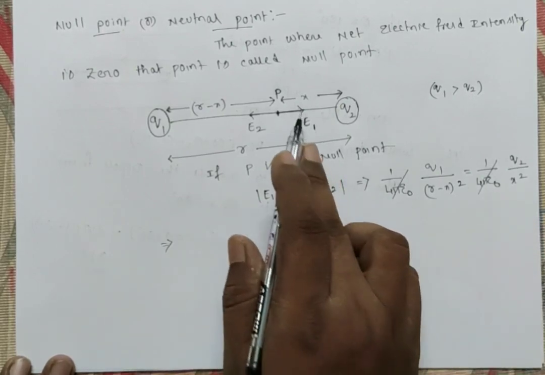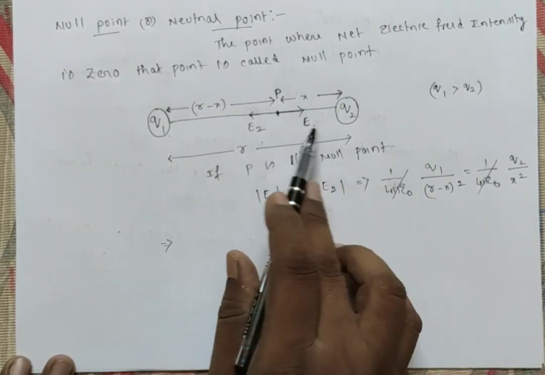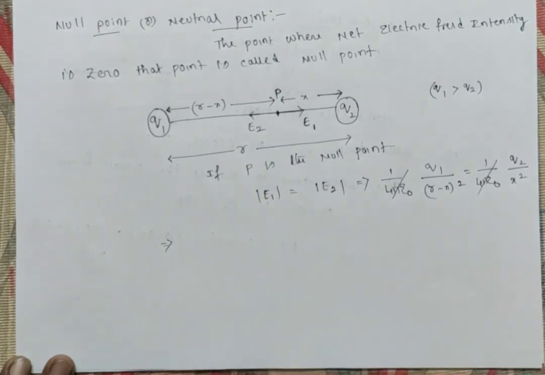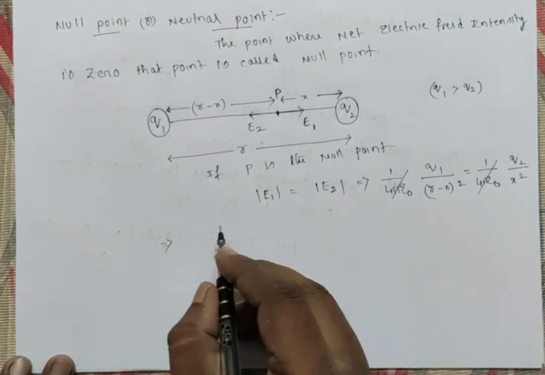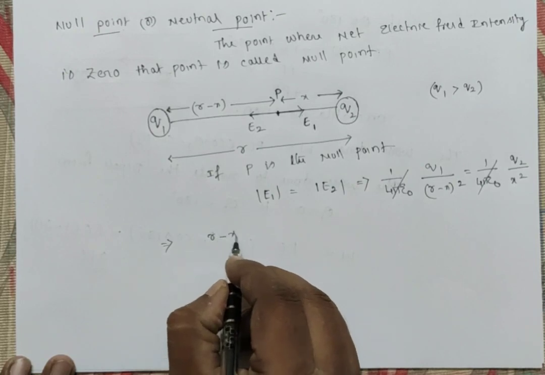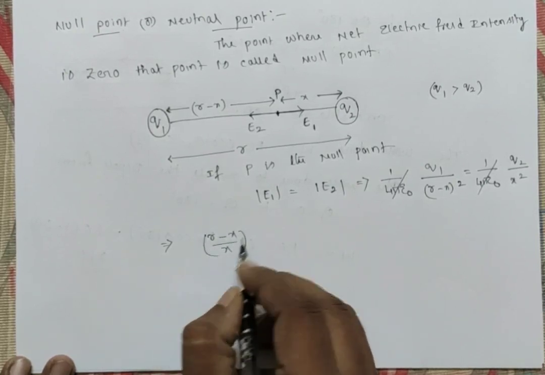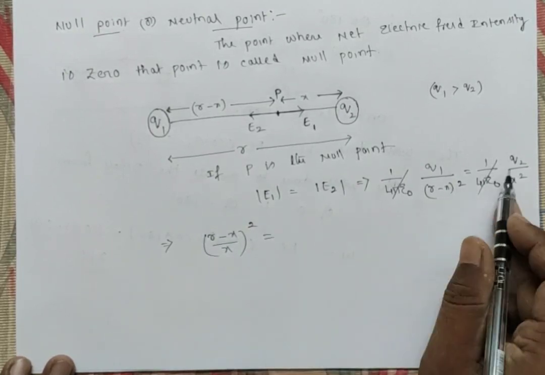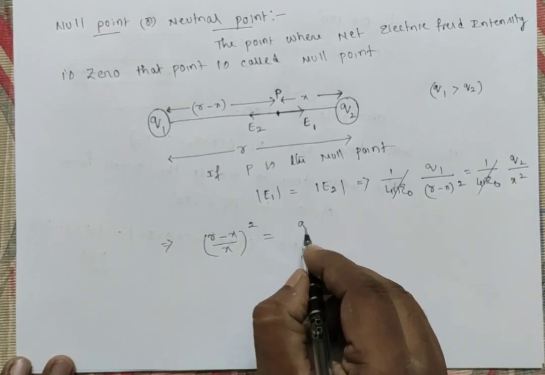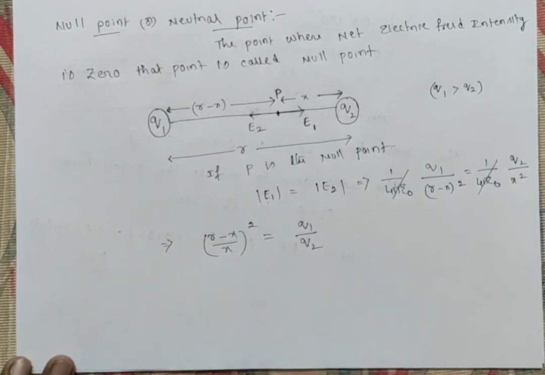If you want the distance x, you can rearrange like this: (r minus x) by x whole square equals Q1 by Q2.